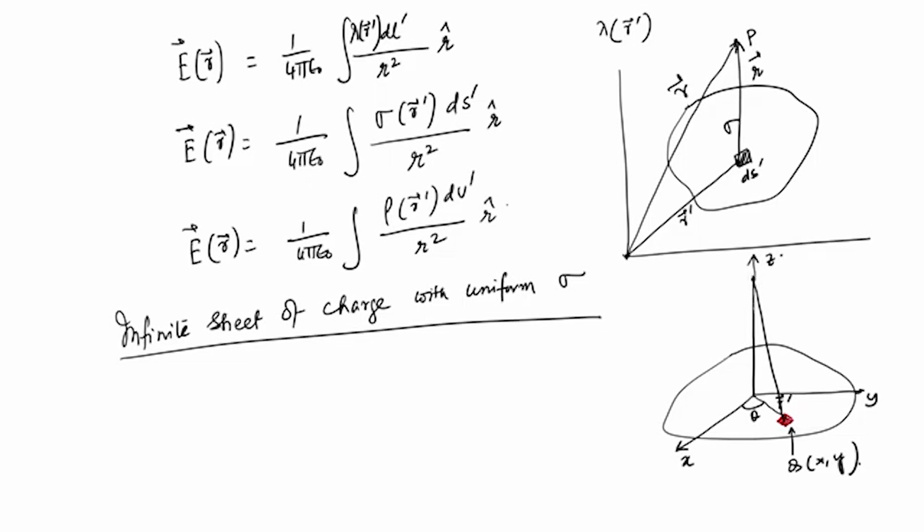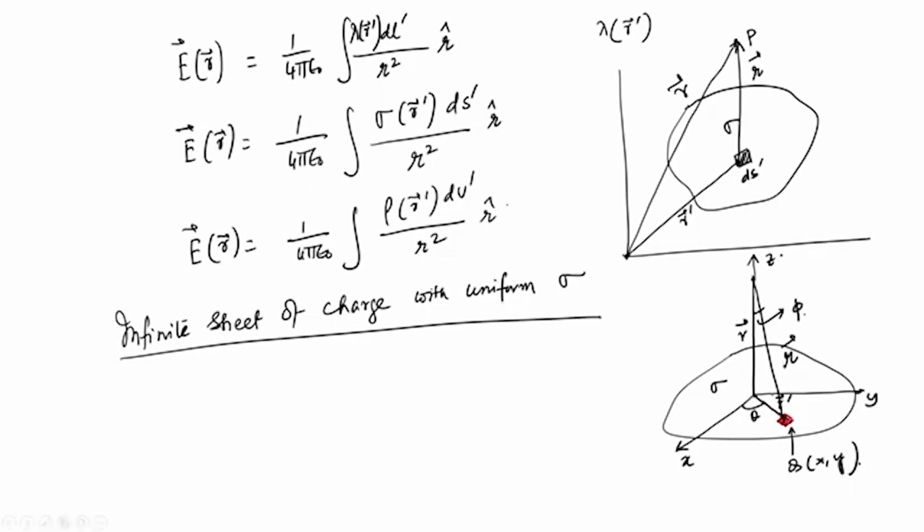This angle is phi, and the sheet contains uniform charge density sigma, and this is your r where you want to calculate the field. Let me show the vector. This vector is r, and that vector is r prime.